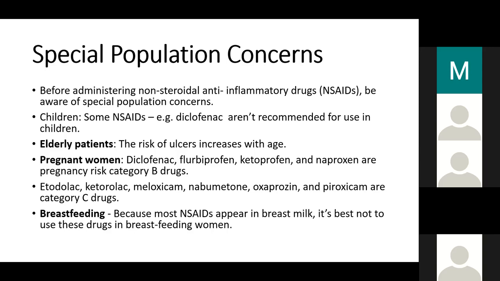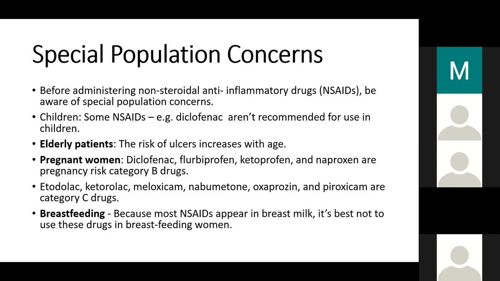What this means is that they've done studies in animals and realized that this drug is not safe for use in animals, but they haven't demonstrated any risk in humans. And so you can use it, but because of the issue with pregnancy in animals, you want to be very sure that this patient really needs this medication and will benefit from it before you put them on it. So an example of this is amlodipine.